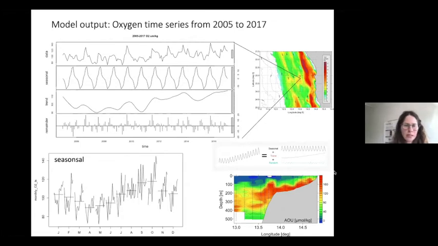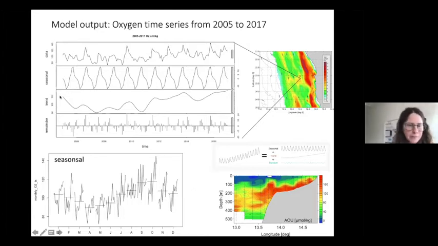So now let's have a look at the time series analysis we did with the output of our model. In general, this panel shows the raw data in the upper panel. We extract the seasonal patterns from that raw data. Here we have a zoom in on the seasonal pattern, where we see the maximum oxygen concentrations during September and October.